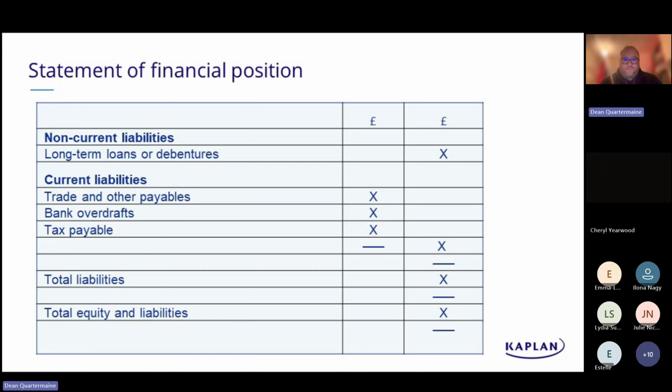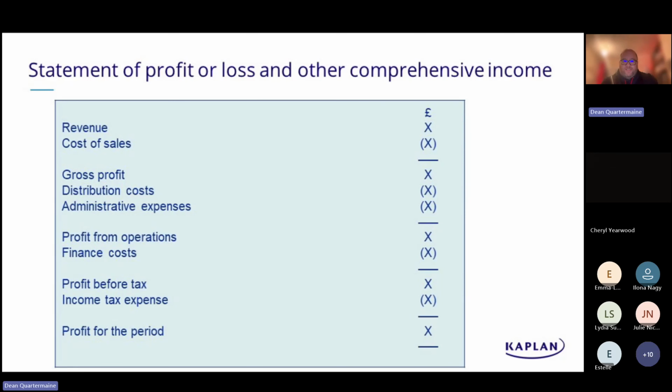Nothing massively different there. Just want to talk a little bit about a statement of profit or loss and other comprehensive income. So we start to use official recognised terminology here. Generally, sales is not sales, it's revenue. Cost of sales, because that's what it is.